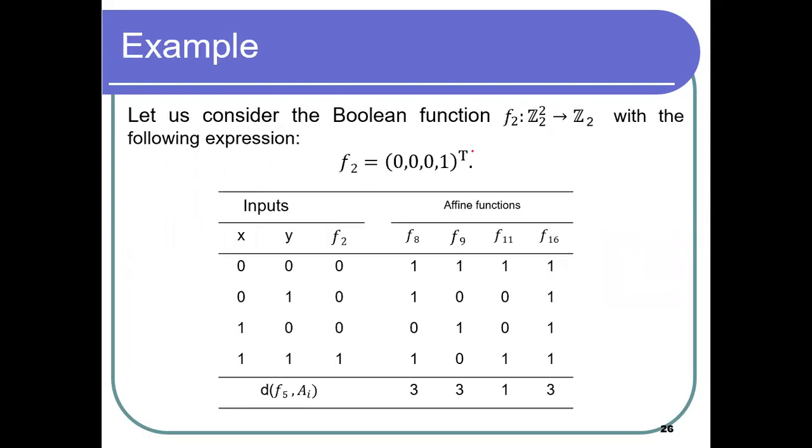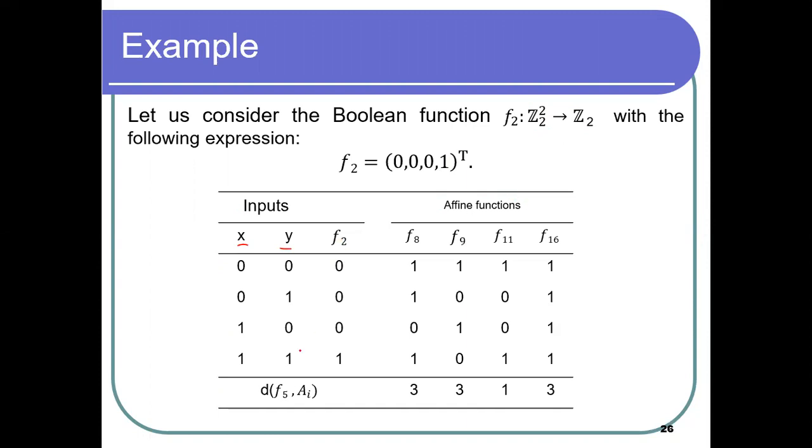If I take one function like f2, this is from Z2 to Z2, this is a single valued function, that is, I take two inputs and map on a single output. So this will be the input, that is x and y. This is the function. I can write it as a row, and here I can write it like a column. These are all the affine functions which we have talked about in the previous lecture.